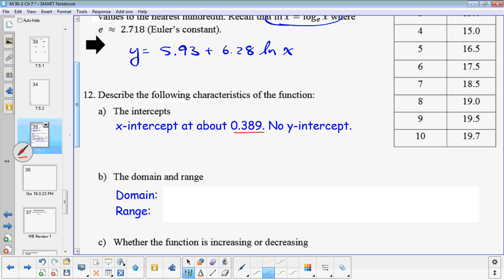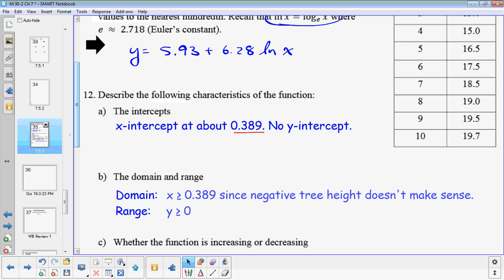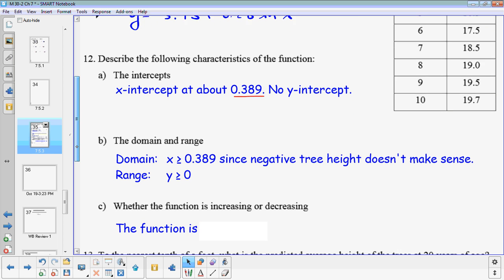So we could say, well, maybe it's good starting at this x value. I can't remember what I put here. What did I put? Oh, I did use that. Yeah. So x has to be greater than or equal to this 0.389 because the negative tree height doesn't make sense, and the negative height would be the y value.